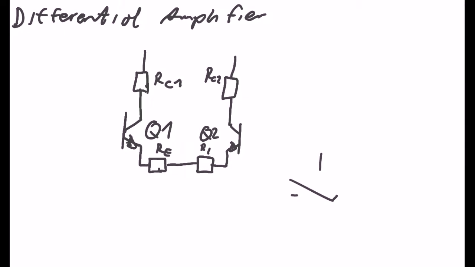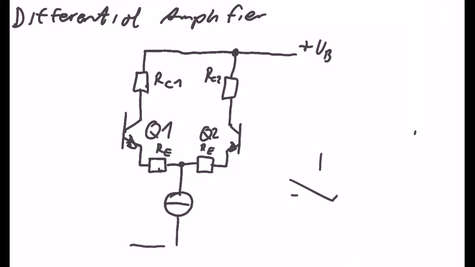We have a second feedback resistor RE, and these two parts we have connected to a power supply plus UB, and we have a way with a current source for better stability to a negative power supply minus UB.